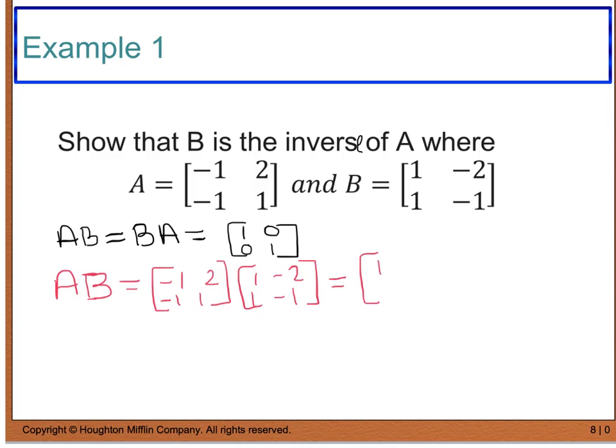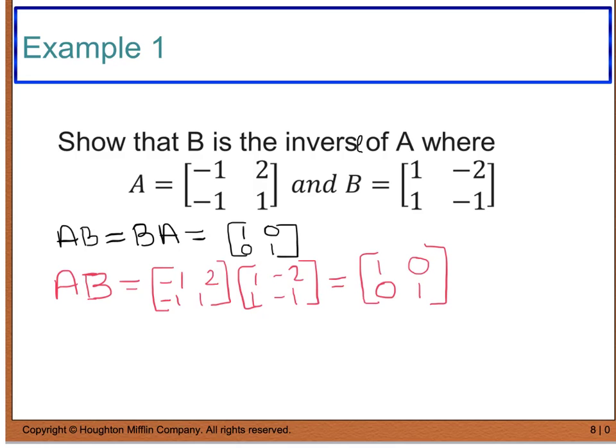Then I'm going to go the first row by the second column. This is going to give me 0. Now I'm going to go the second row by the first column to give me 0. And finally I'm going to go the second row by the second column, and this will give me 1. So far I've produced the identity matrix.